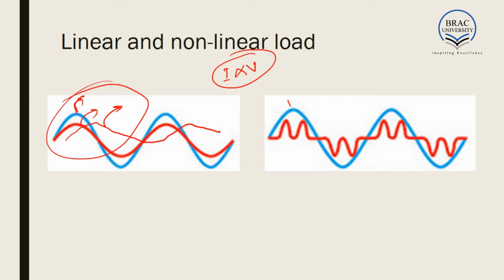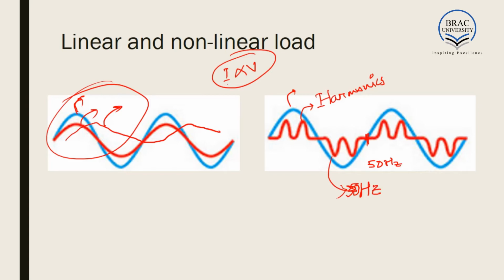But what happens when the voltage is sinusoidal but the current is not? This is called non-linear load. This non-linear load is created because of the presence of harmonics. Suppose the frequency of voltage is 50 Hertz, then the principal frequency of the current is also 50 Hertz.